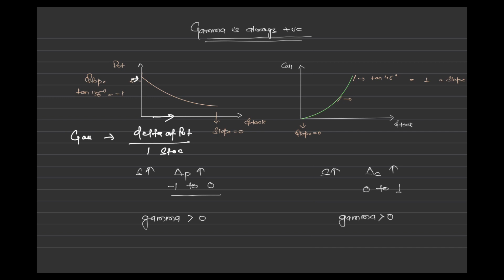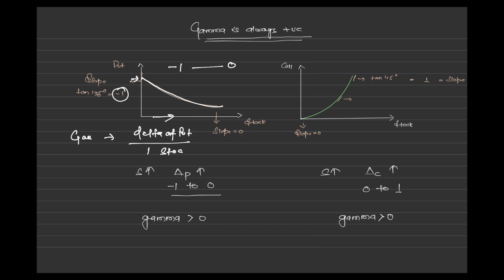When you're moving from negative to 0, you're actually increasing. You're becoming less negative. So when the stock price is increasing, the delta of put is also increasing. It is moving in positive direction. So therefore the gamma of the put is going to be positive.